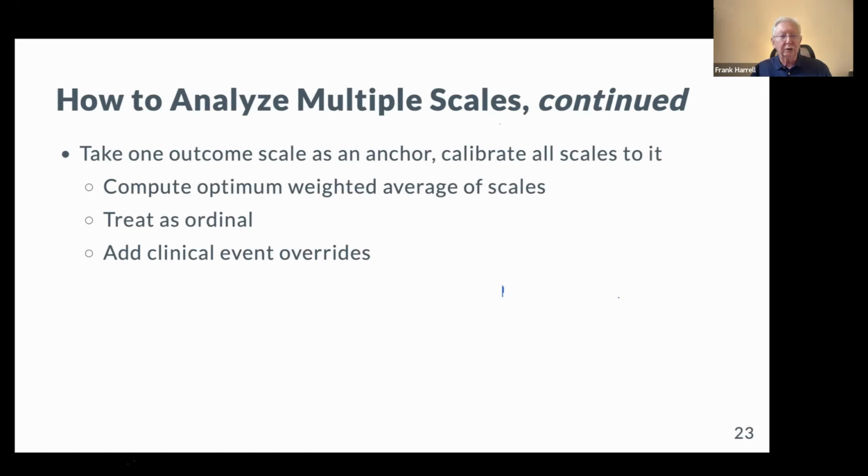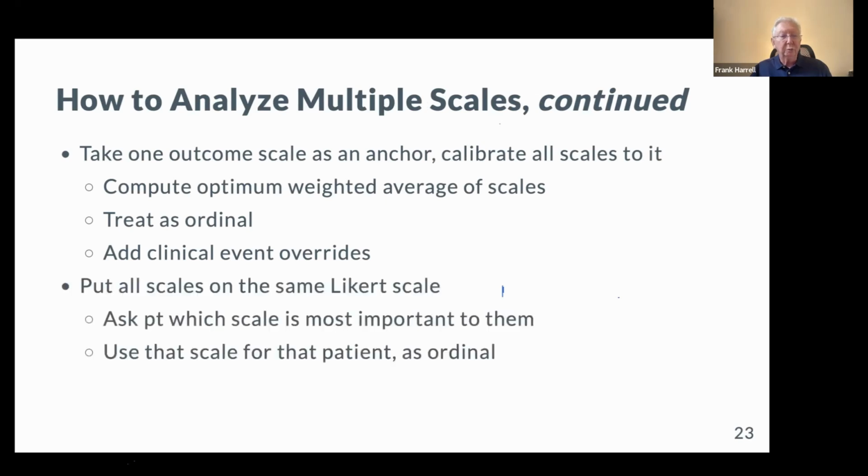You could put all the scales on the same Likert scale and ask the patient which function is most important to them. It may value walking more than things they do with their arms. And for each patient, you use the Likert scale of the thing that mattered the most to them early in the study.